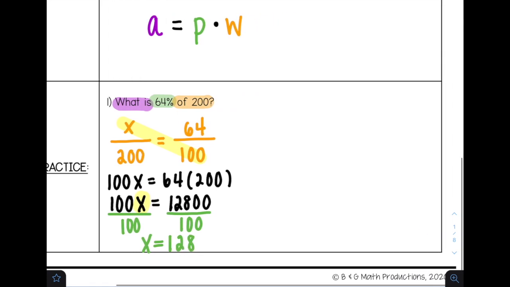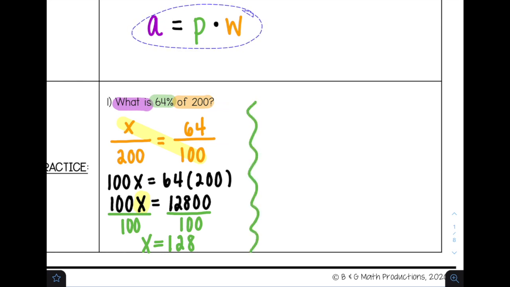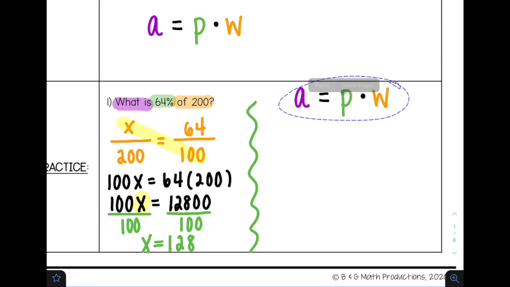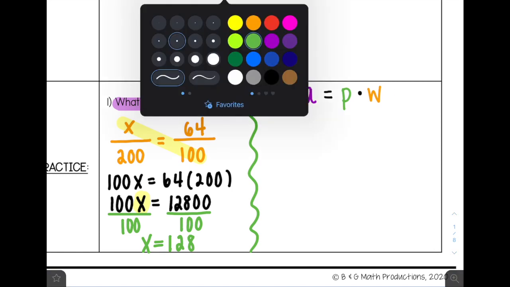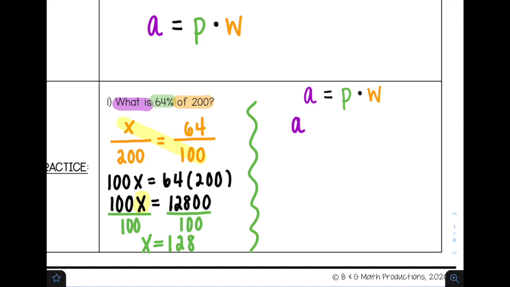But let's check with an equation. Let's see if this works. So I'm just going to take A equals P times W. All right. So we have our A, which we don't know, so we're just going to leave A equals.